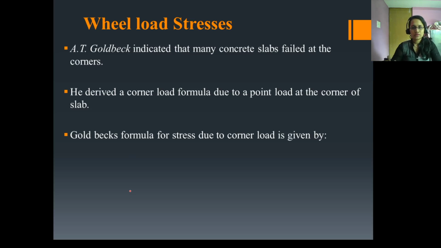Goldbeck's formula for stress due to the corner load is given by Sc, where Sc is the stress due to the corner load. He gave the formula as Sc equals 3P upon h square.